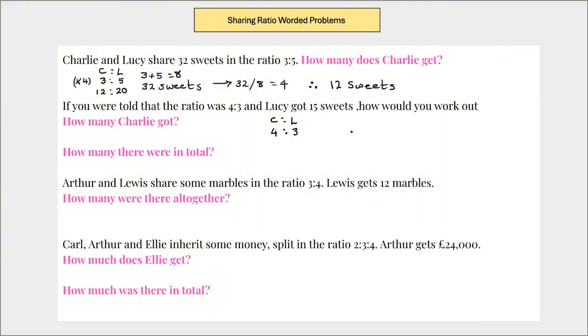And Lucy has 15 sweets. So how did we get 15 sweets for Lucy? What did we do to that 3 to make 15 sweets? We times it by 5, didn't we?